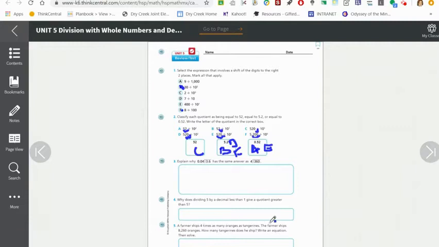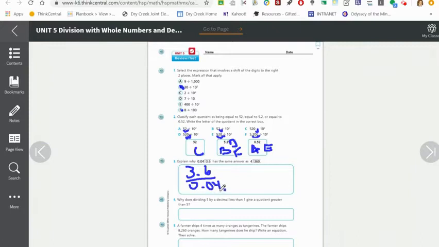Okay, number 3 says explain why 3.6 divided by 4 hundredths is the same as 360 divided by 4. Well, simply put, if I change this to a fraction, I know it's going to be 3.6 divided by 0.04.